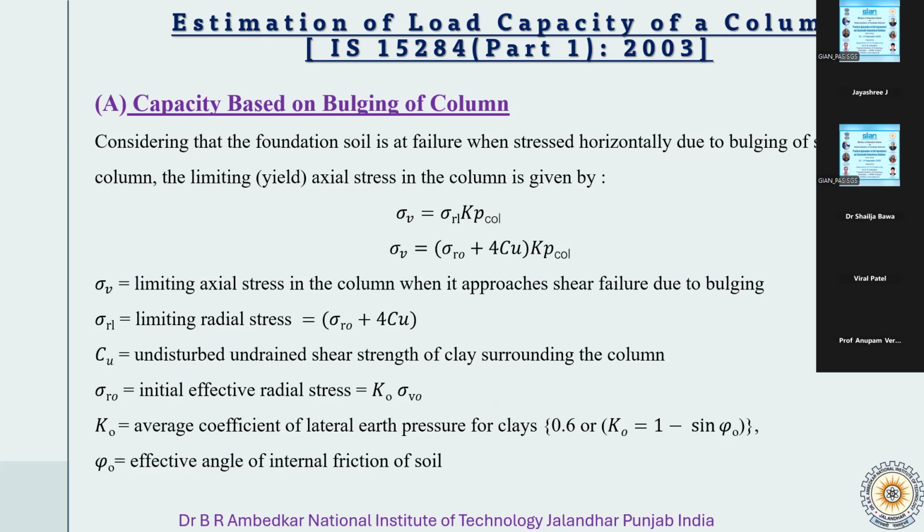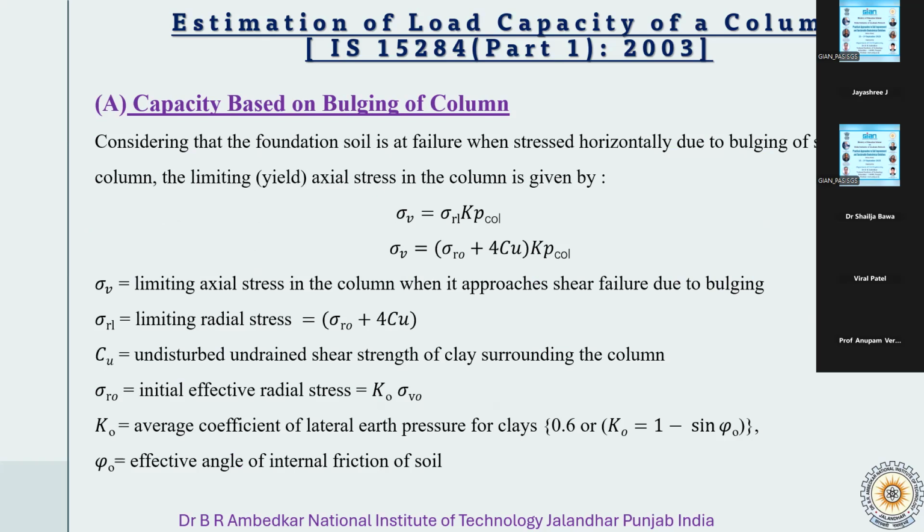So again, the code IS 15284 Part 1: 2003 is used to estimate the load carrying capacity of the column. So here you can see the first thing is the A part. Okay, A, B, C, three components are there.